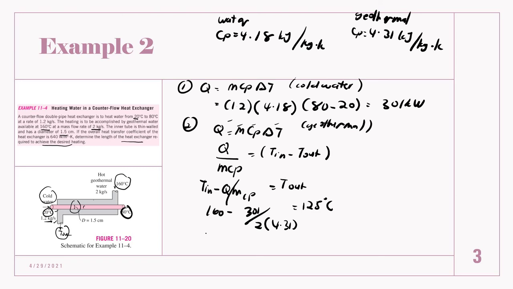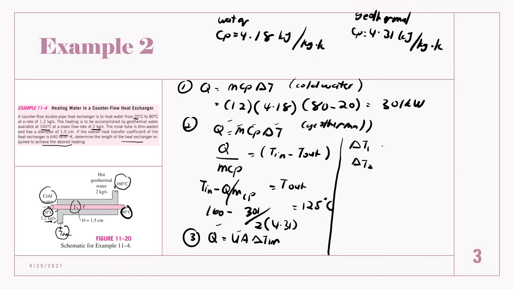So now, in order to calculate the length, we need the area, right? In order to have the area, we can use this formula: Q is equal to U A delta T LM. So we have Q and U. We don't have delta T LM. We need to calculate. So let me continue here. First things first, we have the delta T1 and delta T2.